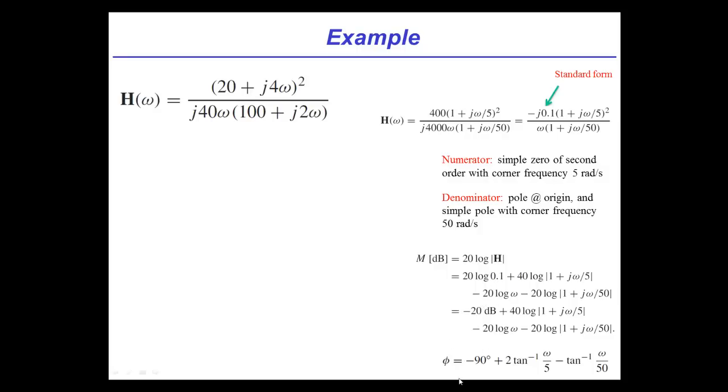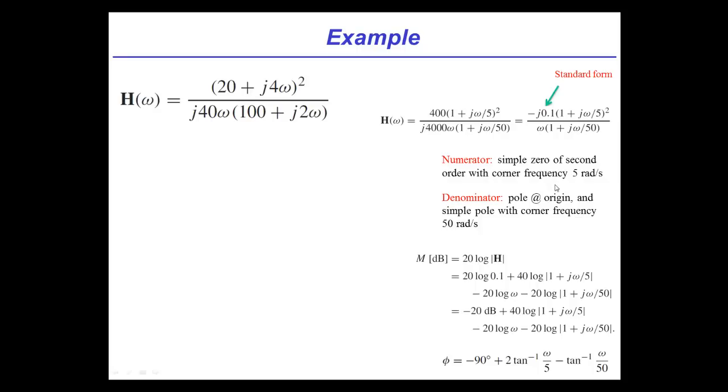Similarly, we can set up the phase. And when we set up the phase, we see that there are 3 things that we have to deal with. So there's a 0, okay, and it's a second order 0. And there's 2 poles. One pole is at the origin, and the other pole is a simple pole.